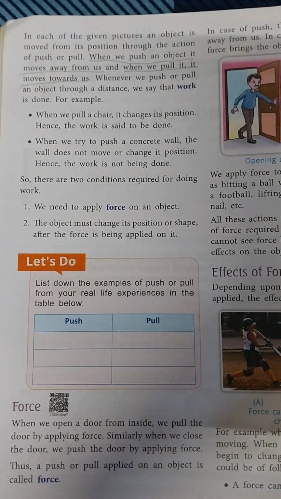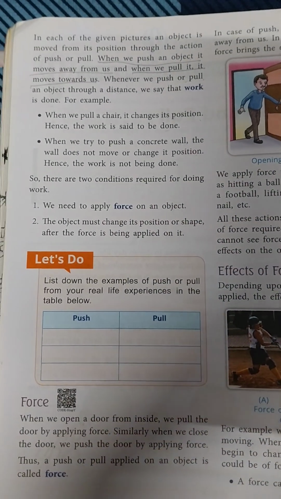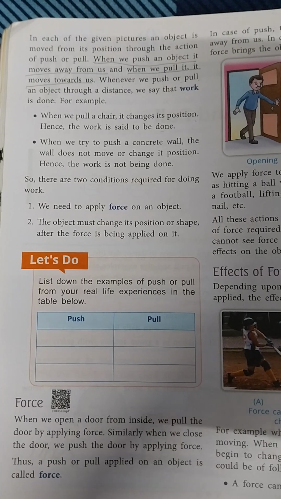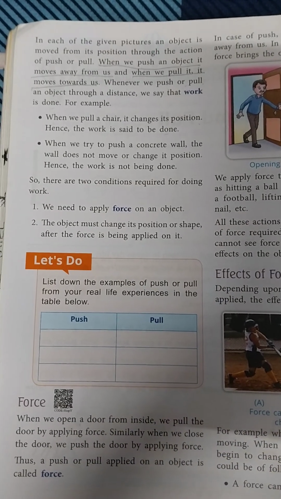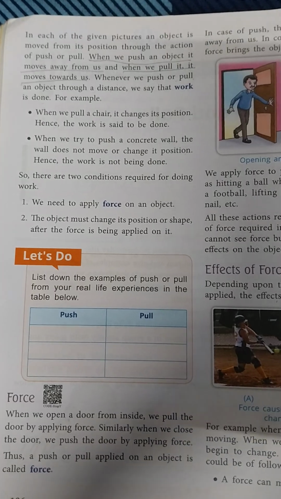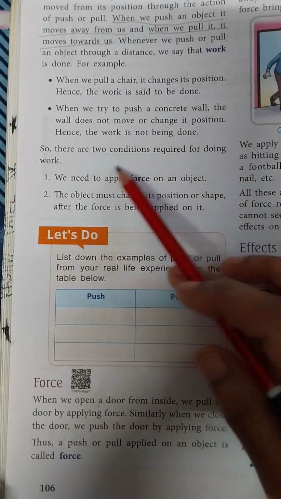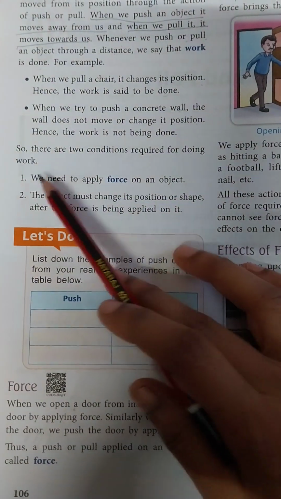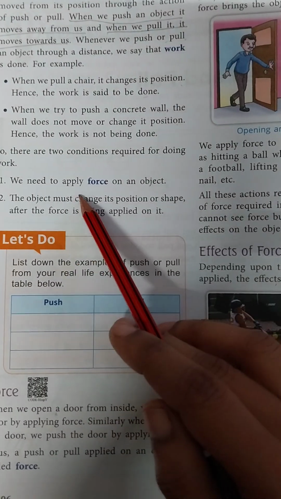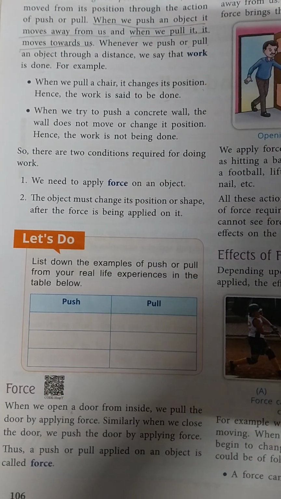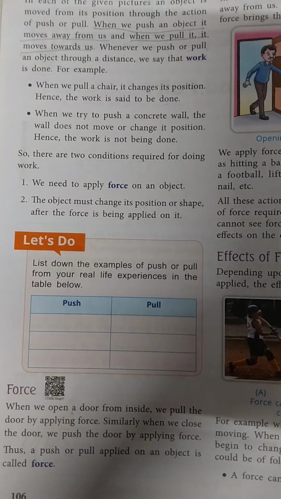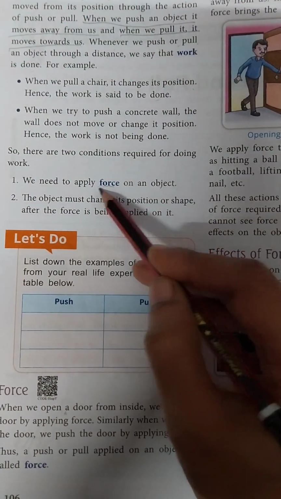Okay, so something when you can do and finish it, you say it is done. If you are not able to push the thing from its place, it is not done. So there are two conditions required for doing work. First, we need to apply force on an object, right? Either if you want to pull it or push it, what do you have to apply?